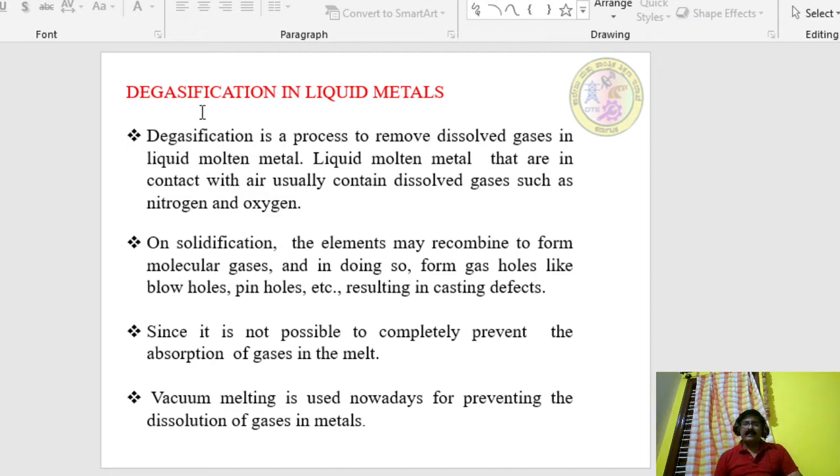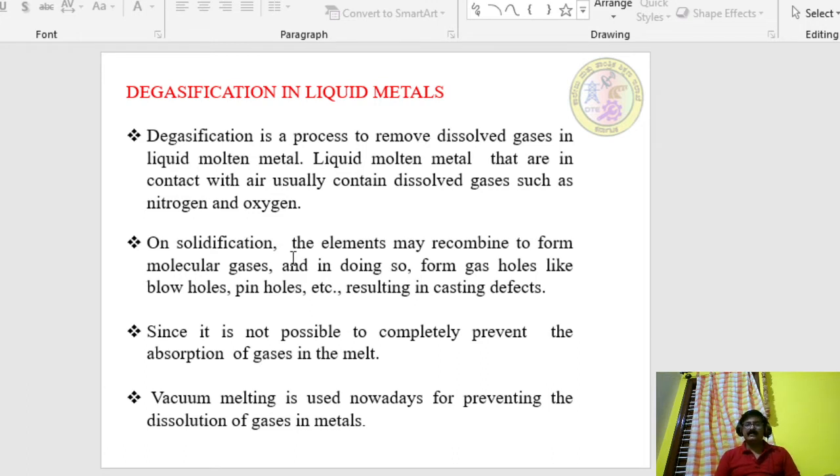On solidification, the elements may recombine to form molecular gases, and in doing so there may be a chance of getting gas holes like blow holes or pinholes, which are projected inside the casting, resulting in casting defects.